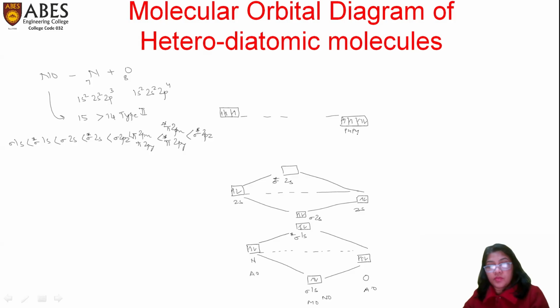This is Px, Py, Pz, Px, Py, Pz. Px and Py form pi, and Pz forms sigma 2pz. And for antibonding, pi star 2px, pi star 2py, and sigma star 2pz.